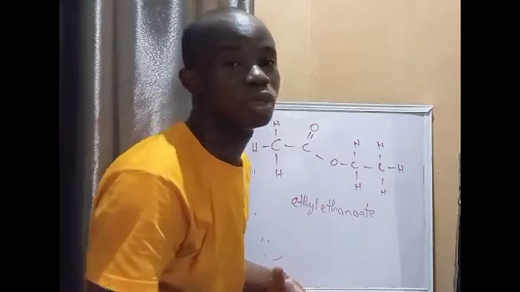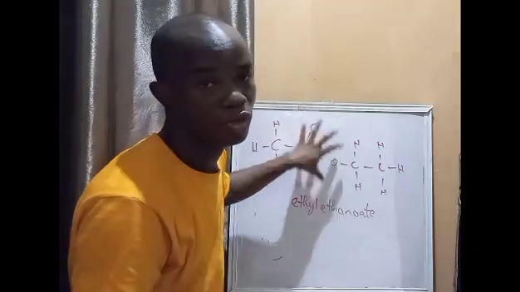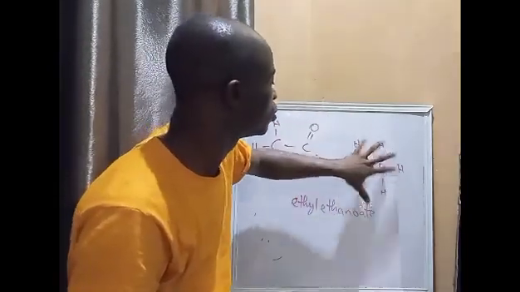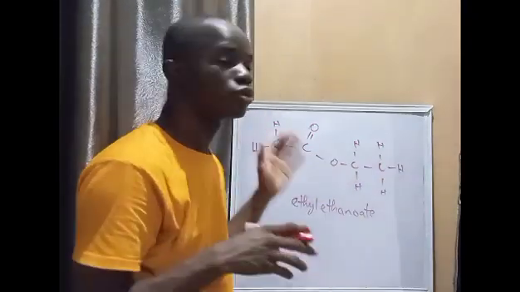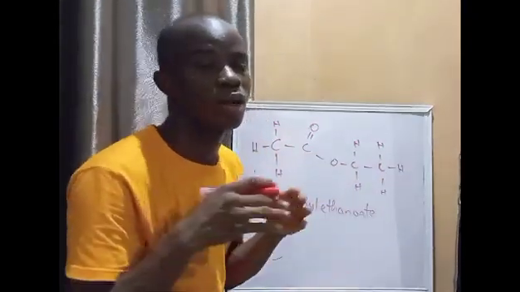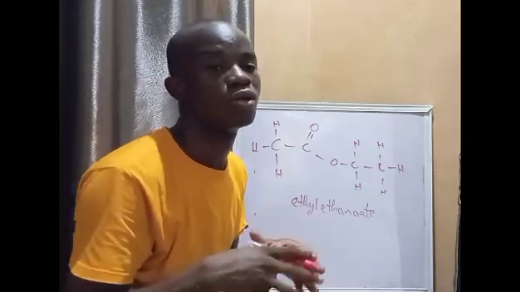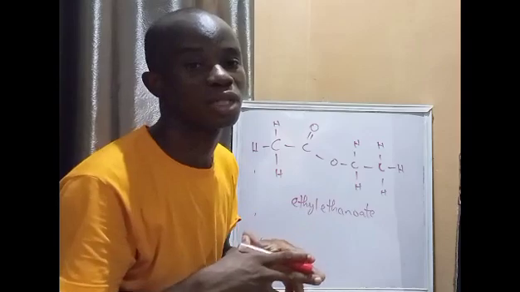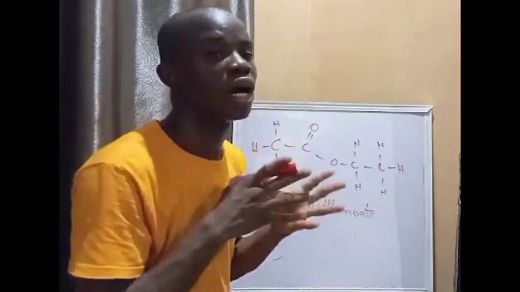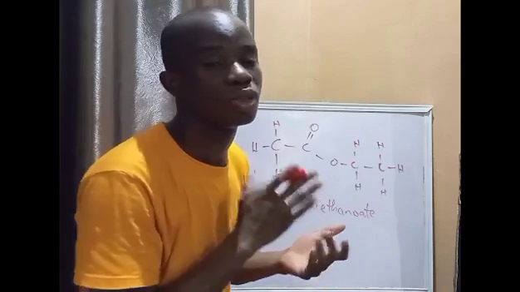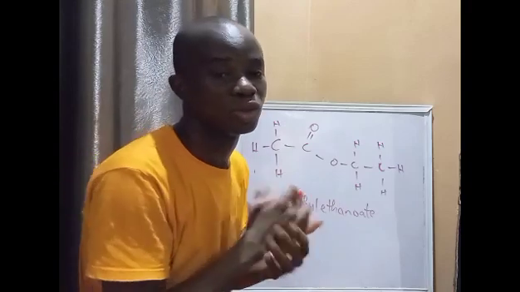This is ethyl ethanoate. It has a CH3, the ester functional group, the CH2 and another CH3. Now, one thing that you must know is that most times hydrogens in the same chemical environment are always at the same distance from a particular functional group, which can either be a highly electronegative atom or an electron withdrawing or electron donating group.